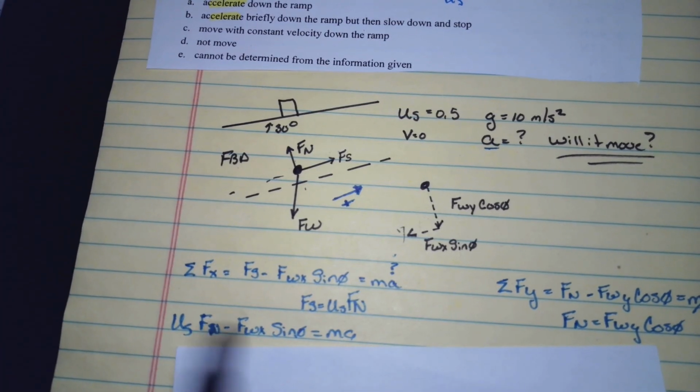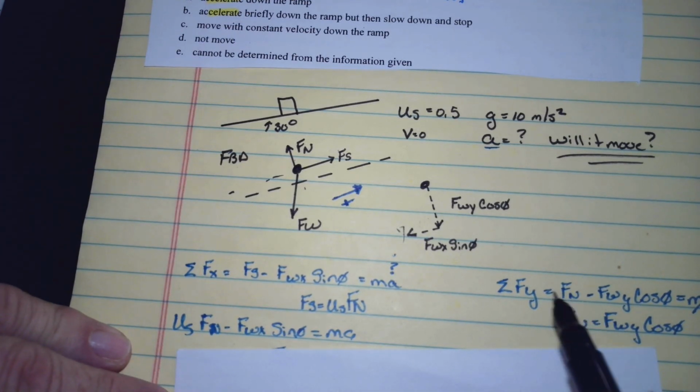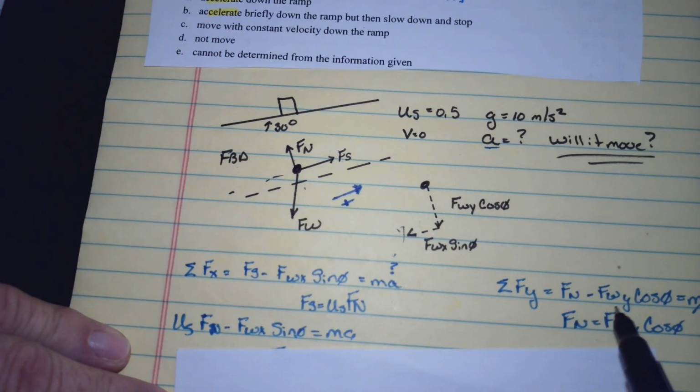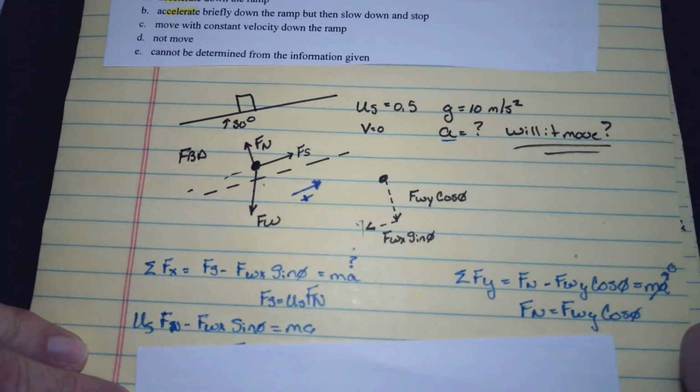So I need to know what F of N is. And the only way I can find that is going over here to the y direction. I can subtract the portion of the weight from the normal force, and here it's not moving up and down, so I am going to put that one to 0.